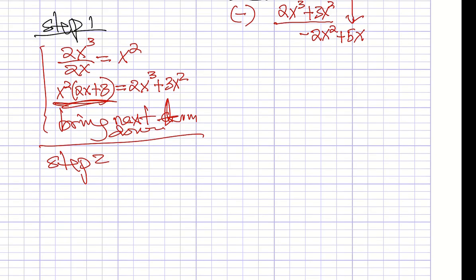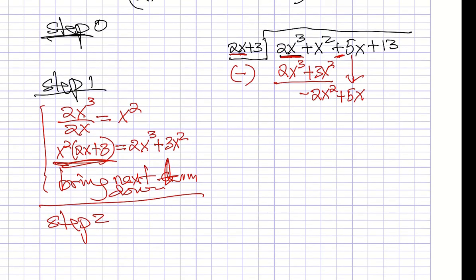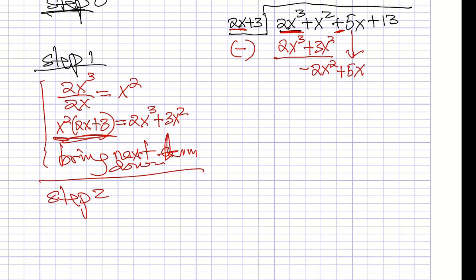I want you to see what I'm doing. This is step 2. We take negative 2x raised to the power 2 divided by 2x. We're just repeating what we did above. It will be negative x. You see why it's so?